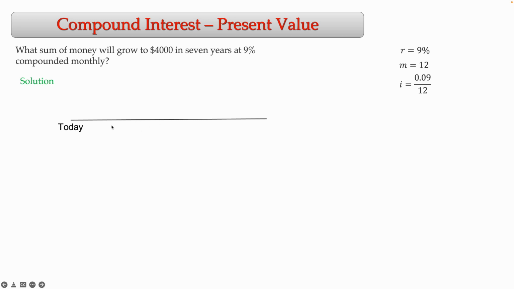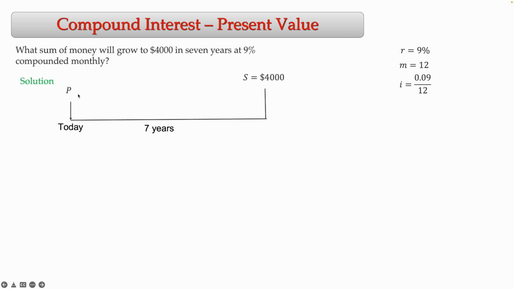So after 7 years, we have a point here where the value of the money is 4,000. And we want to know the amount of money that will grow to that. The amount that we are going to calculate is the amount at the beginning. So this is the present value, the P that we want to compute.